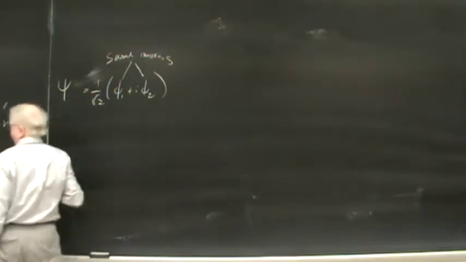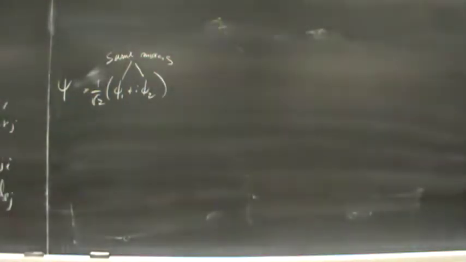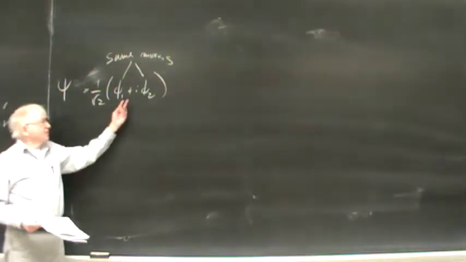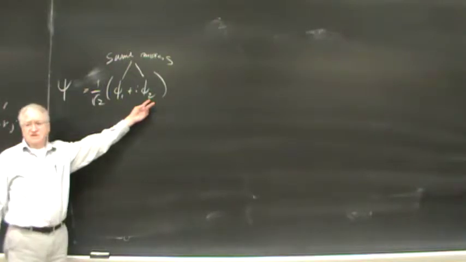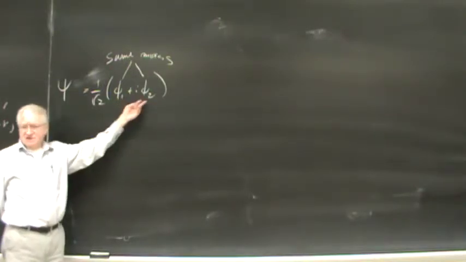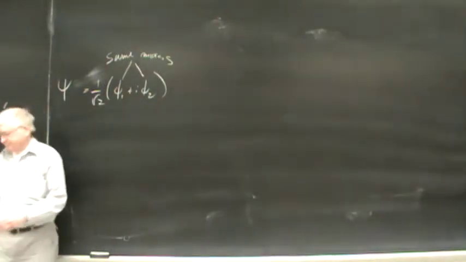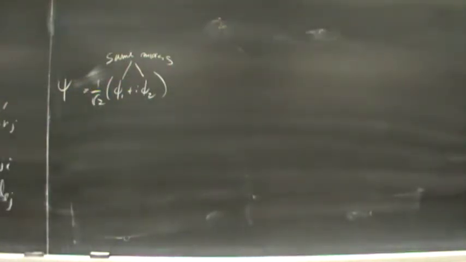So that's what a Dirac field of spin 1/2 is. But in general, a charged field is always of this form. Two fields of the same mass we combine in this complex way.